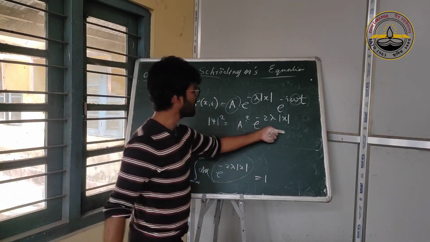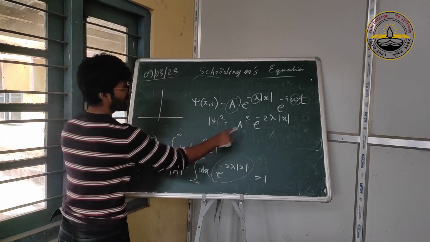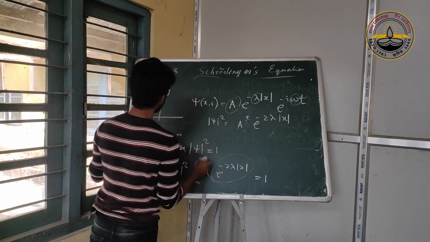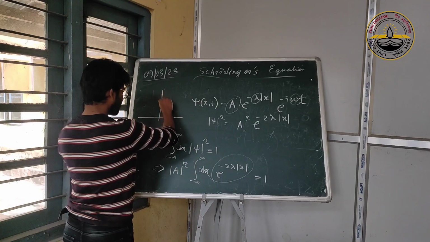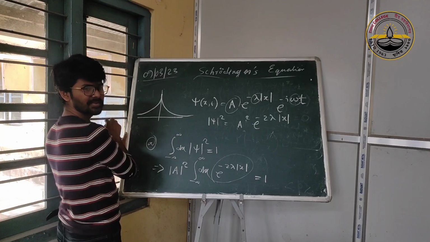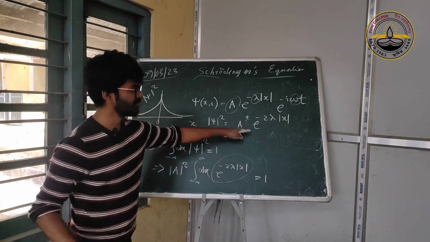Now if you plotted this as a function of mod of x, how will it look? Mod chi square will look like this.